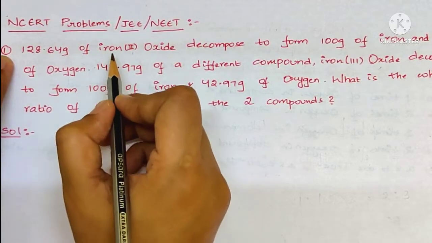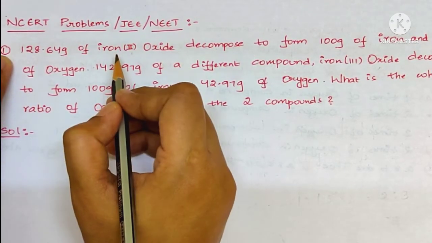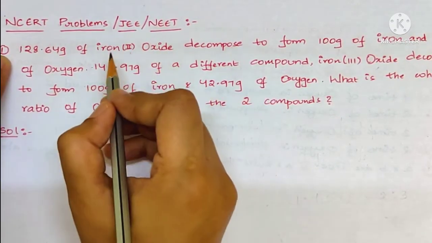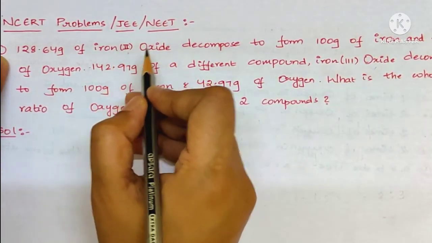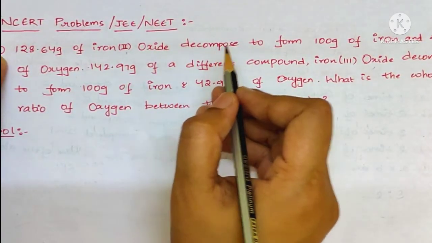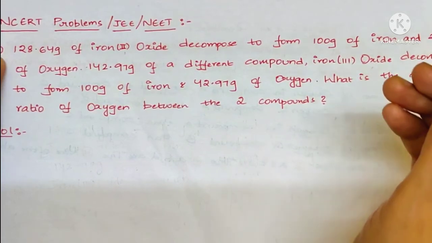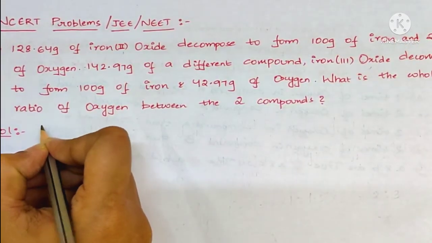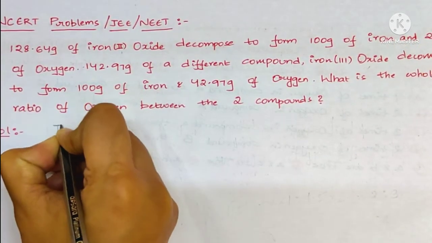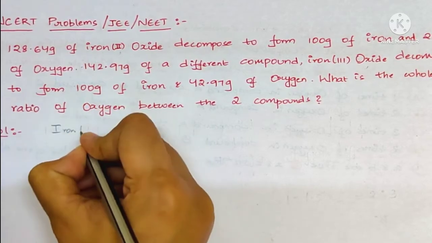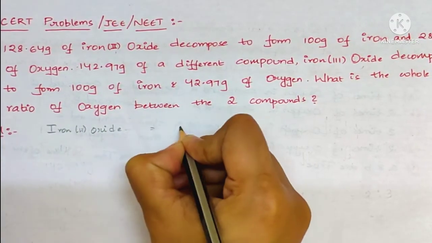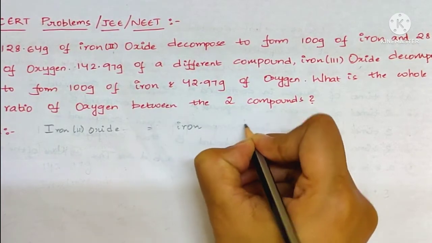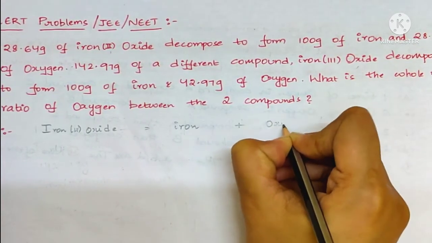Okay, here, what are they saying? We have two compounds, that is iron 2 oxide and iron 3 oxide. So, these two compounds decompose to form iron and oxygen. Okay, so now let's write that. Iron 2 oxide decomposed to form iron and oxygen.